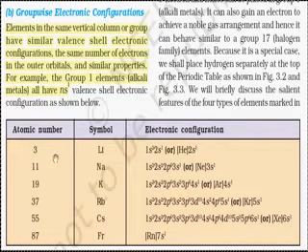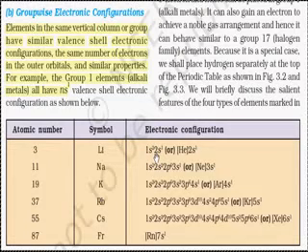The first electron in lithium will go to the first orbit, s orbital. The second electron will also go to the s orbital, so there can be a maximum of 2 electrons. One is for the principal quantum number, that is the orbit, s for the orbital, and 2 for the number of electrons.